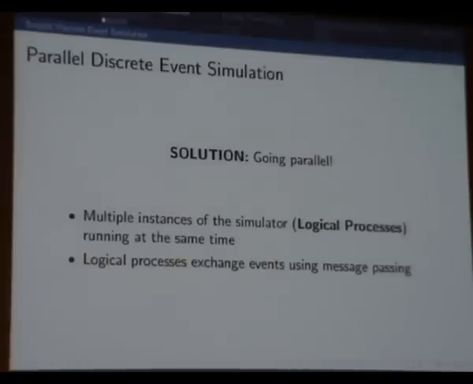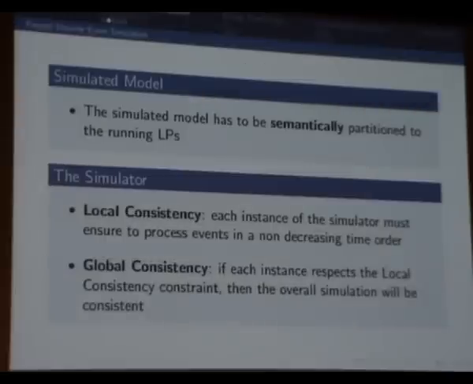We are going parallel, and then we will have multiple instances of the simulator running at the same time, communicating through message passing, as you can imagine. We have to introduce a little bit of notation. A logical process will be an instance of the simulator, basically. So again, we have the two layers of the simulation: the simulator and the simulated model.